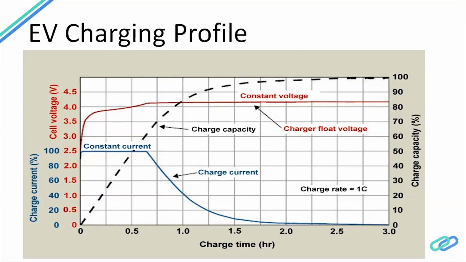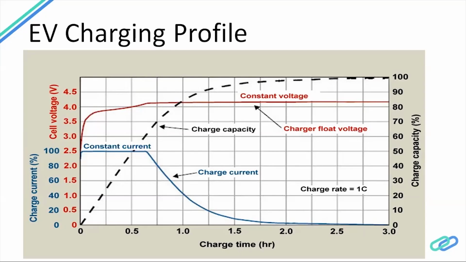Now at that time, if you observe the red line, that is for the constant voltage. Fine. At that time the battery is almost 65 to 70% charged. We can see that the battery is being charged.